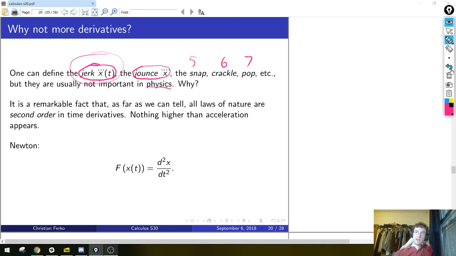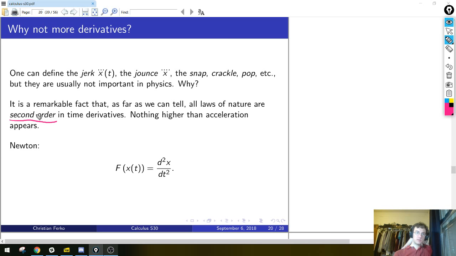And the reason is quite profound. It's really that in every field of physics, from classical mechanics to electromagnetism to general relativity, even the laws of quantum mechanics, it seems that all the laws of nature, all of the fundamental equations that describe deep down how the smallest pieces behave, they all tend to be at most second order in time derivatives. By order, I mean the number of derivatives you take.